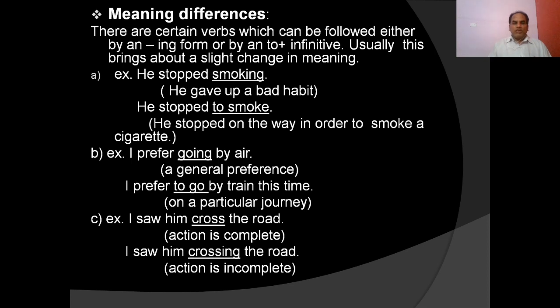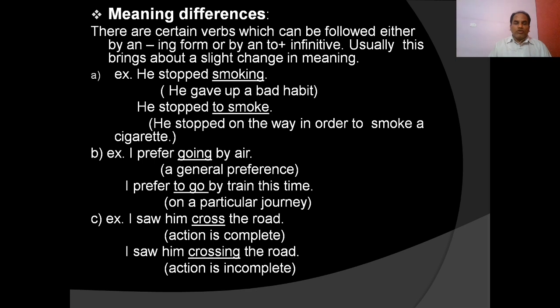Another situation, you see: I saw him cross the road. Here the action is complete. I saw him cross the road means he is across the road. When I saw him, he was not on the way. He had already crossed the road. That means the action is complete.